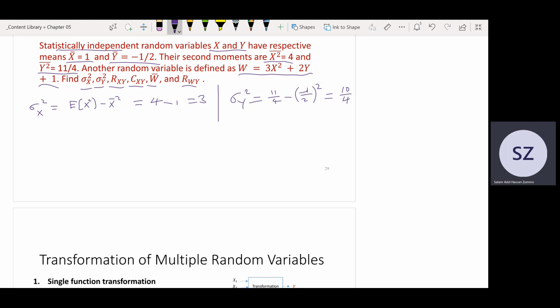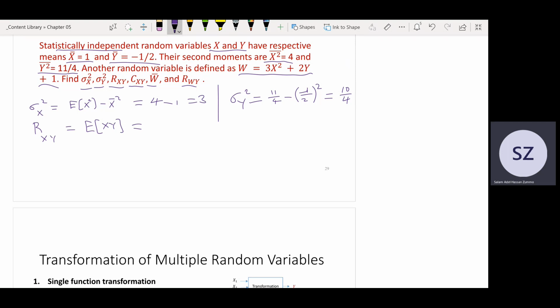What now? Next, what is the correlation coefficient? So the correlation between x and y. We always go back to the definition, as you noticed. What is the correlation coefficient? Yes, always, if you get confused, go back to the definition.